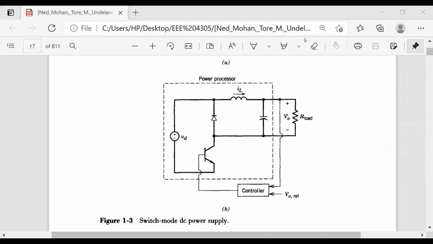Now, what will be happening here? So this is the VD voltage. VD voltage is nothing but here, say, like this.